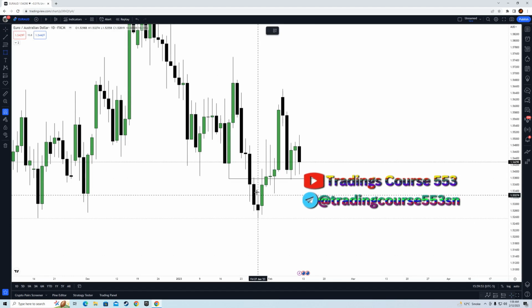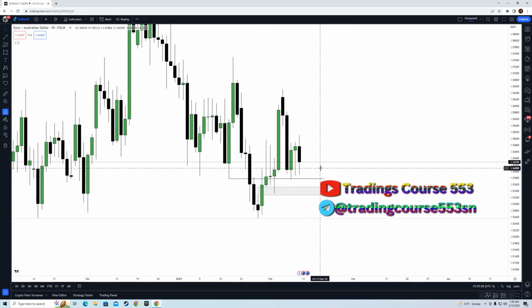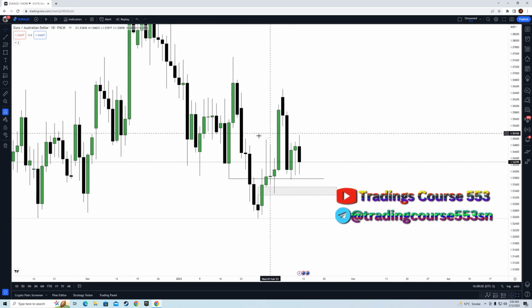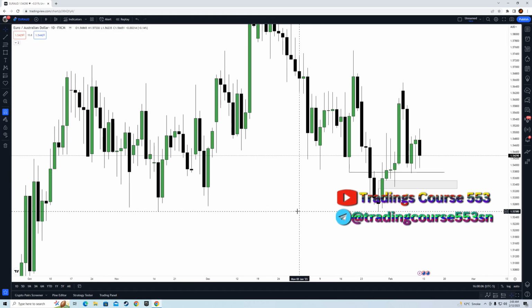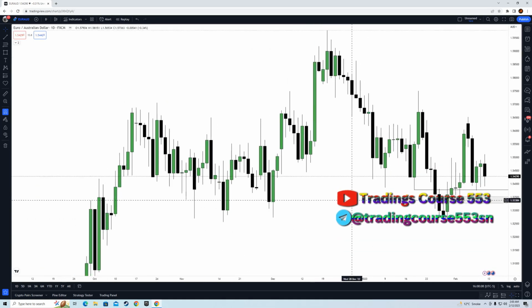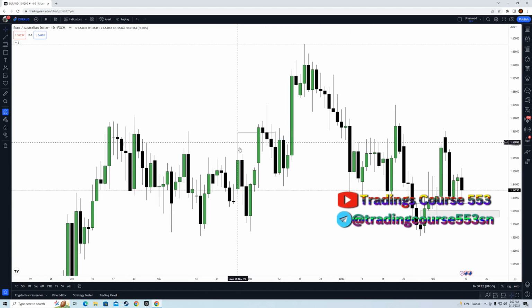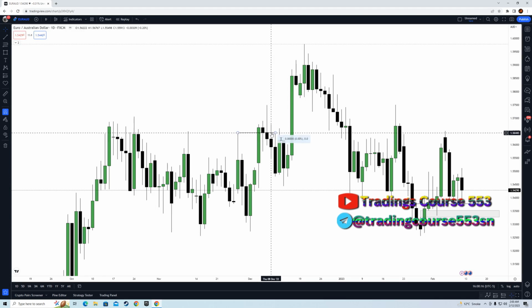There was a fair value gap here as well, and you can see how this works. So your bias for a couple of days was bullish by identifying a daily bias. You can see right here we have A, B, and then C. Price comes down, retests here, and boom.